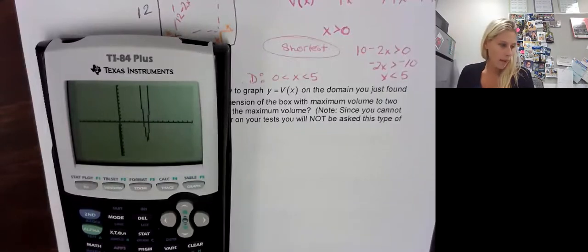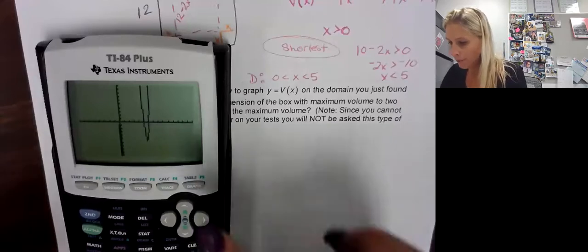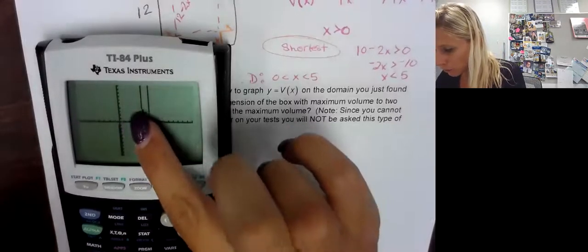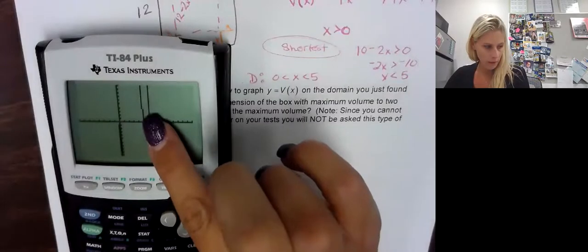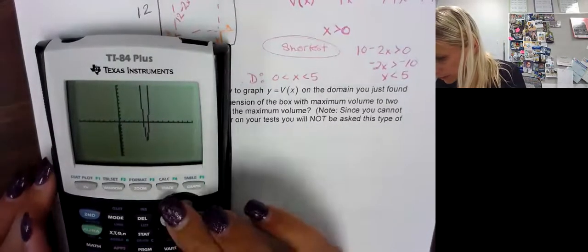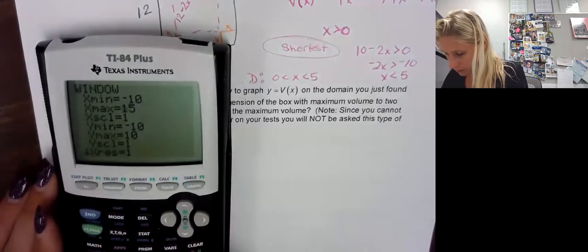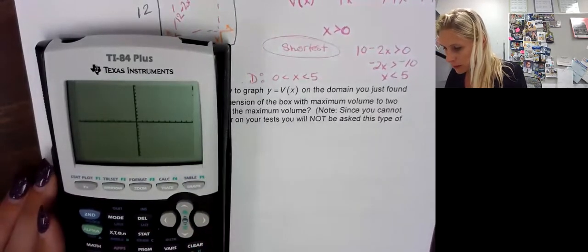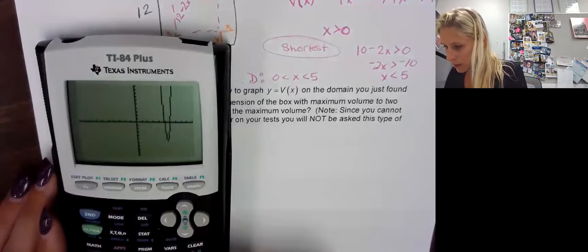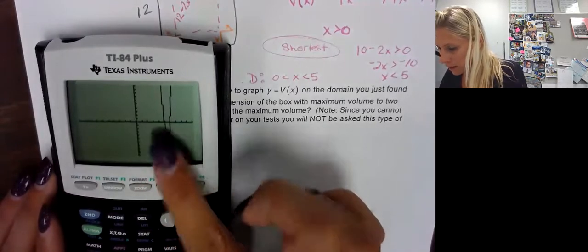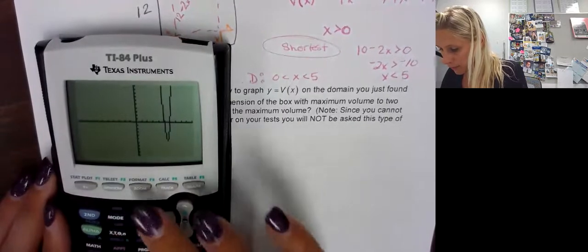Okay. Now, I know that x has to be between 0 and 5. So 1, 2, 3, 4, 5. Let's see what I got here. Let me zoom in just so I can do this a little bit more clear.